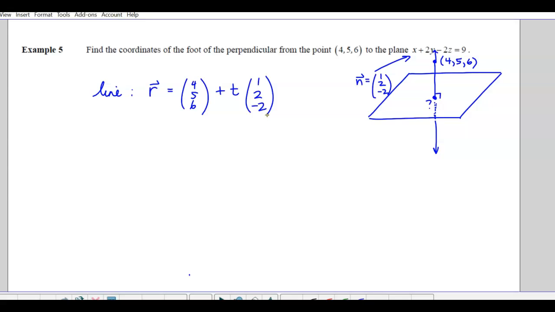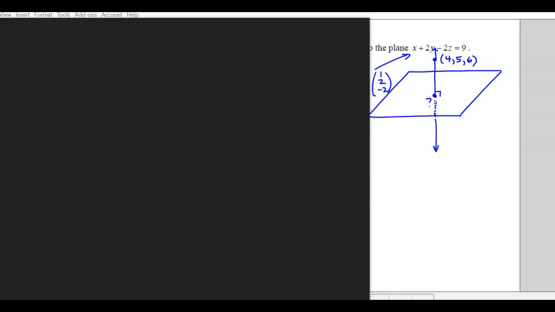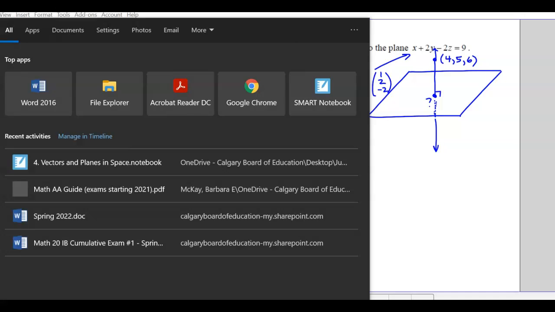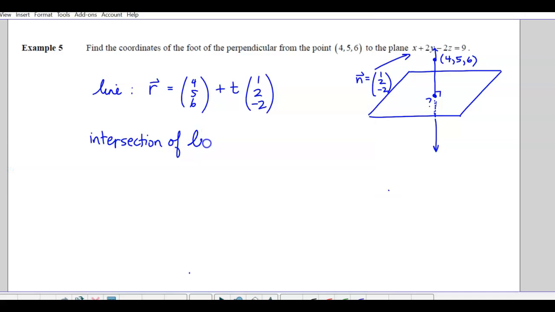Now we want to find the intersection of the line with the plane. Because the plane is in Cartesian form, we can substitute the parametric equations of the line into it.